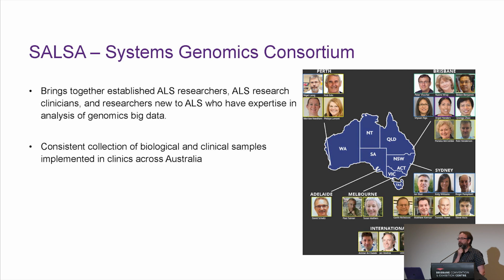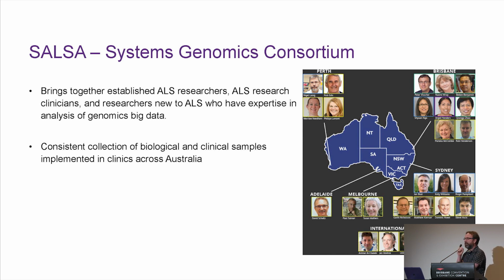To do this, we're using samples collected as part of the SOLSA Systems Genomics Consortium. This is a really big consortium across Australia that got launched after the Ice Bucket Challenge, and it is a way to bring together established ALS researchers, MND researchers, clinicians, and also brought in new researchers who have experience analysing large amounts of genomic data.